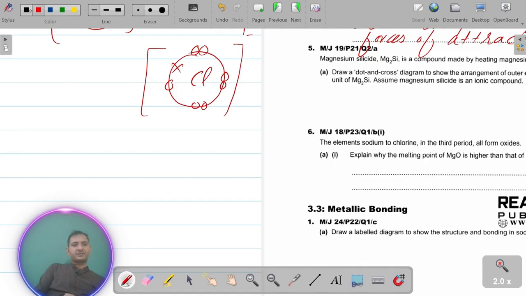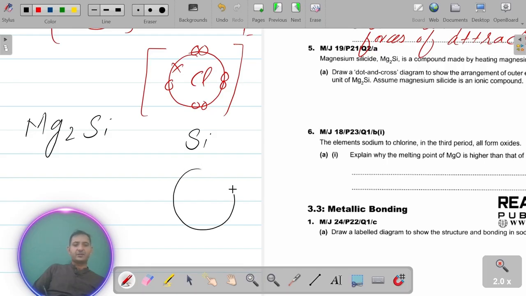We need to draw the structure of Mg2Si. Silicon is from group 4, so there are 4 electrons in the valence shell of silicon: 1, 2, 3, 4.